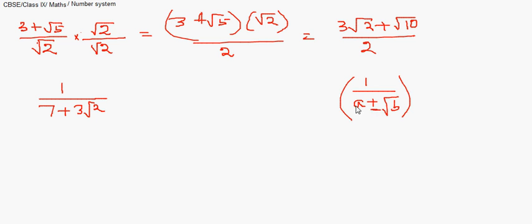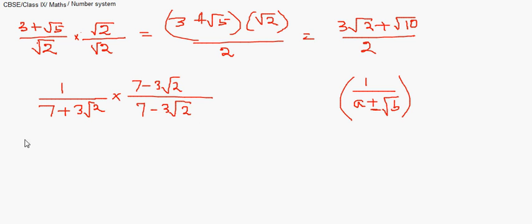If it is a plus root b in the denominator, we multiply by a minus root b, and oppositely, if it is a minus, we multiply by a plus. In our case we have 7 plus 3 root 2, that is a plus root b, so we multiply by a minus root b both in the numerator as well as in the denominator.